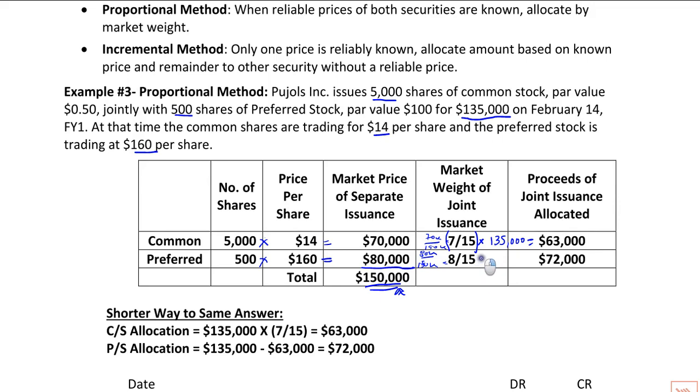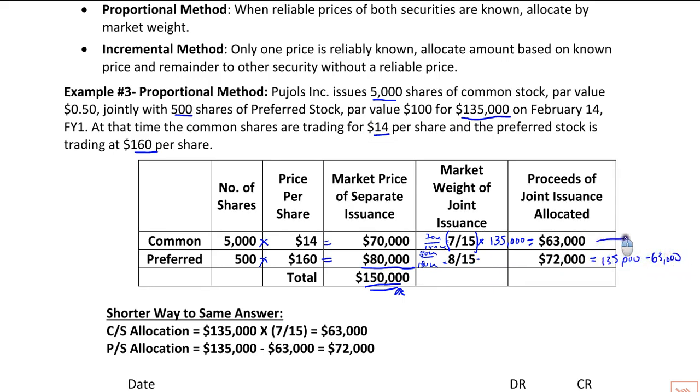Now, I could just do 7/15 times 135,000, and most of the time that's going to be fine. What I found is people like to save or write down part of the number. So what I would suggest is all you do here is 72,000 equals 135,000 minus 63,000.